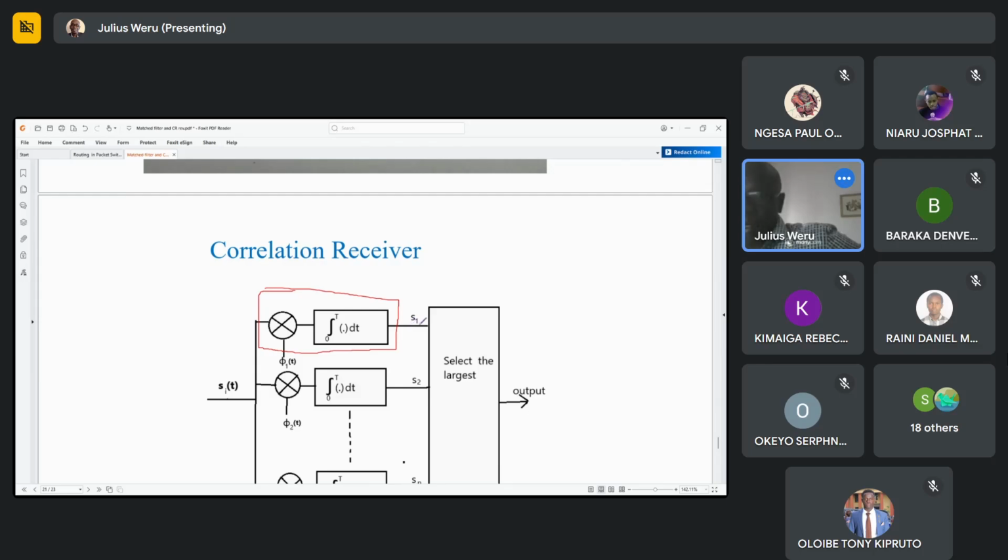Otherwise, it will give you 0, because they are all orthogonal, we are assuming phi_1 to phi_n are all orthogonal.